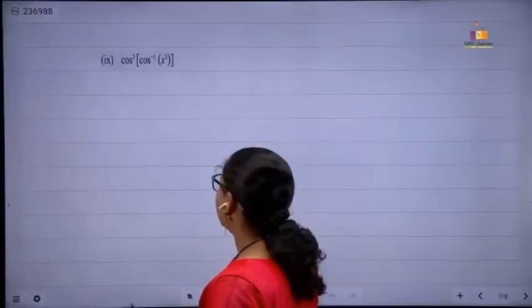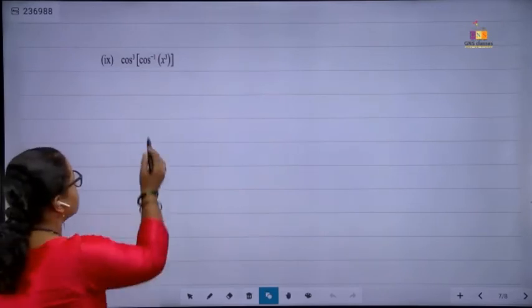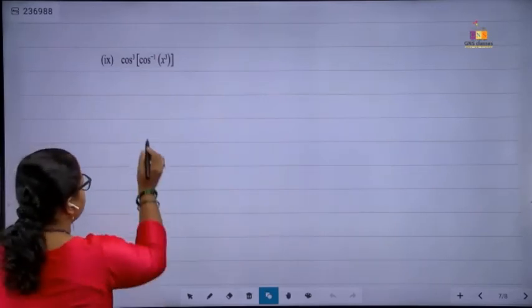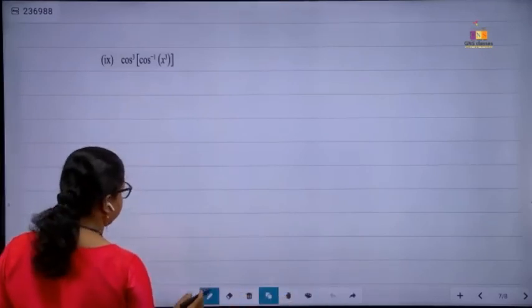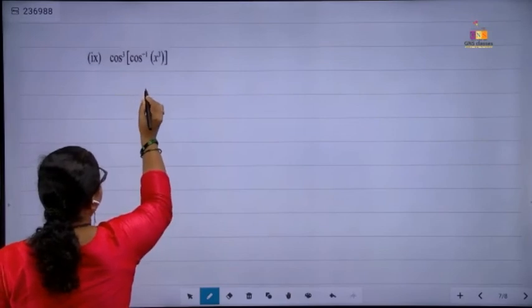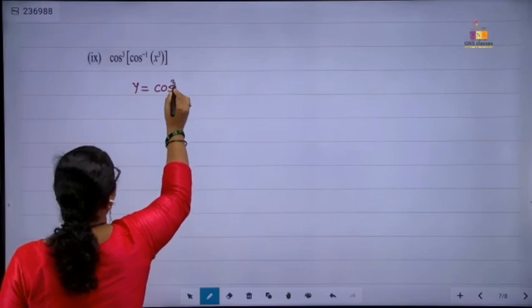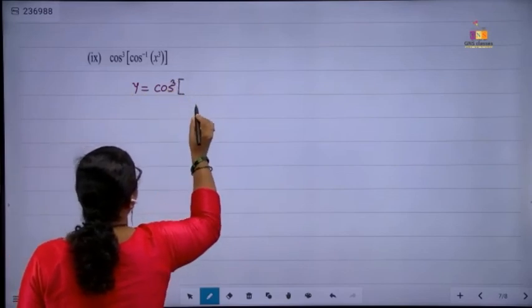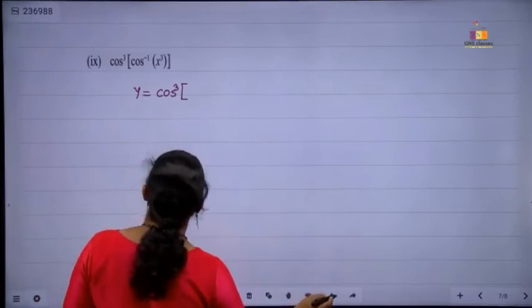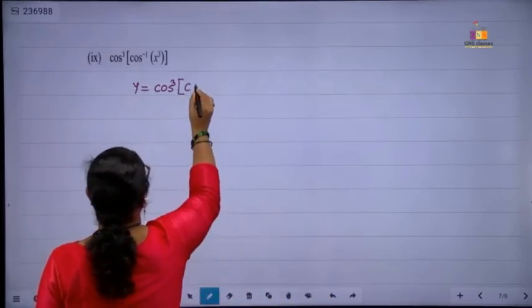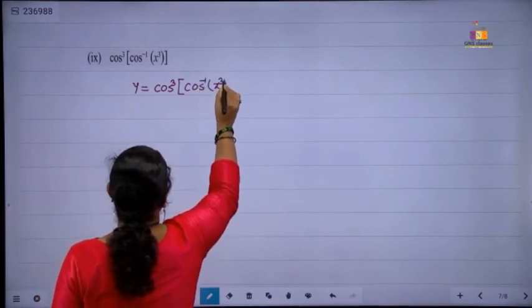y is equal to cos cube of cos inverse of x cube. First of all, we will simplify this term. y is equal to cos cube of cos inverse of x cube.